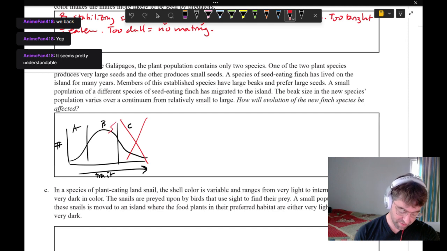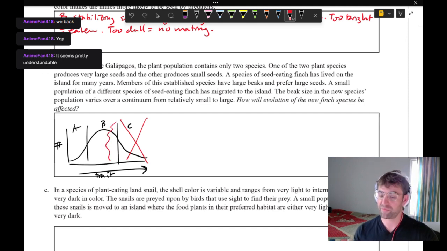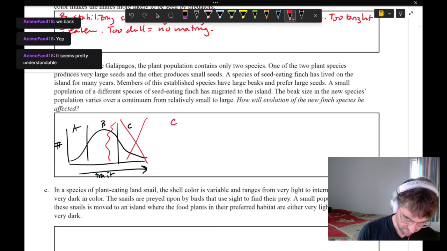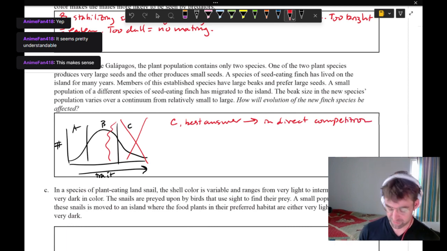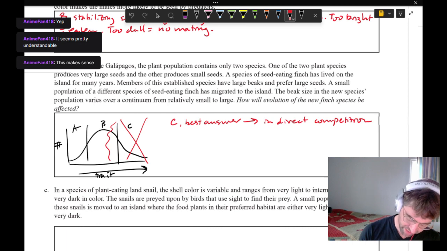But some portion of the intermediate is also going to be in competition with them because, as far as we know from the prompt, there are only small and large seeds. So C is the best answer because they're in direct competition. C are least likely to reproduce because they're in direct competition with the native population.